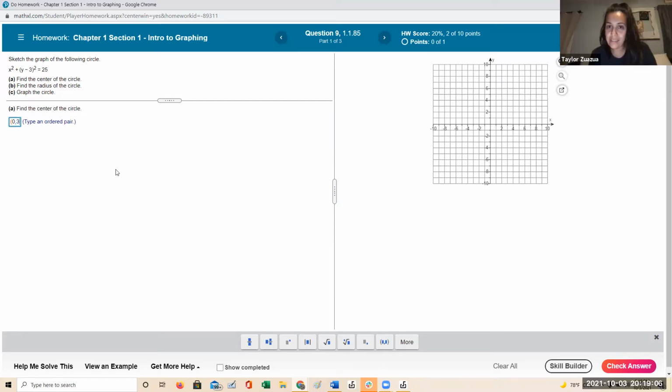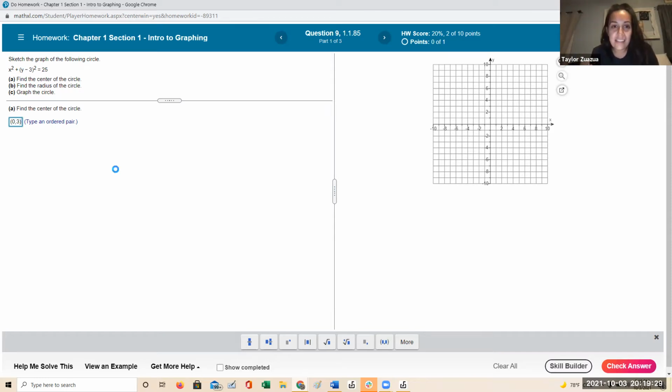Remember, this carries over to chapter 2, the transformations. Anything inside the parentheses is always the opposite. Yeah, I remember that. So that's 3.